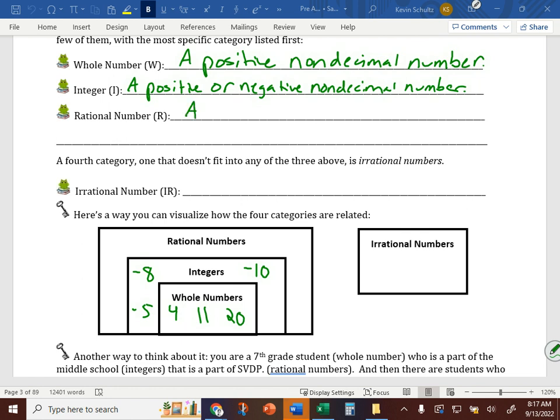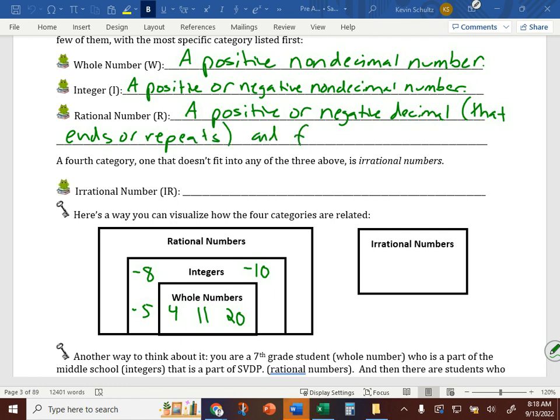So a rational number is a positive or negative decimal, I should say in parentheses, that ends or repeats, and fractions.